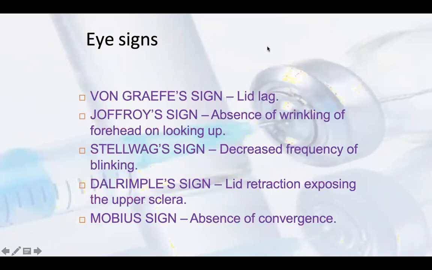Eye signs. There can be Graves' sign, the Joffroy sign, absence of wrinkling of the forehead on looking up; Stellwag sign, decreased frequency of blinking; the Dalrymple sign, lid retraction exposing the upper sclera; and the Mobius sign, absence of convergence.